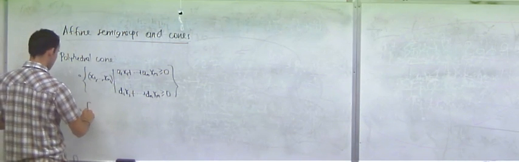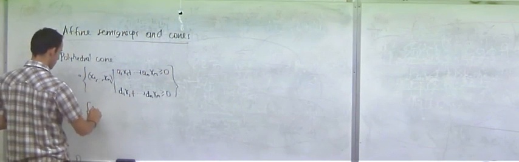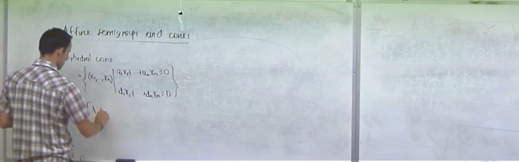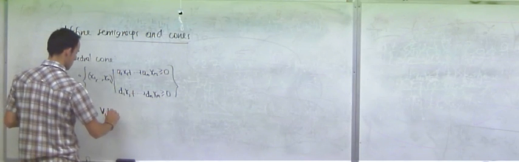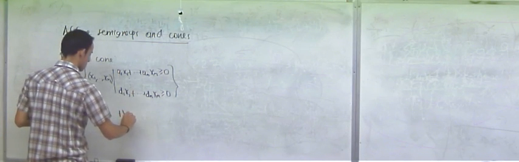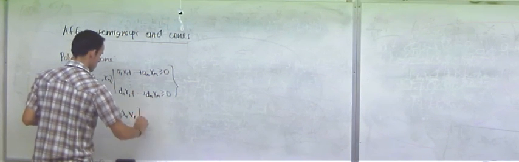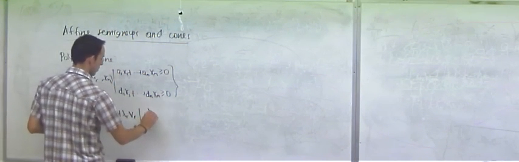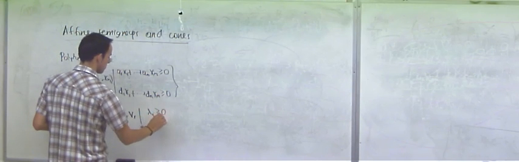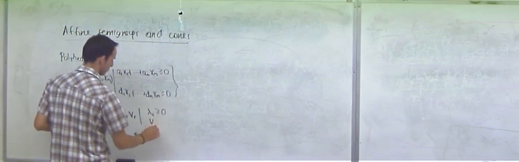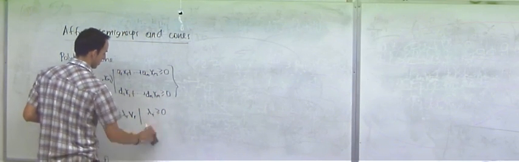It's going to be the set of combinations of a bunch of generators, where the coefficients have to be non-negative, and the v_i's live in R^n.